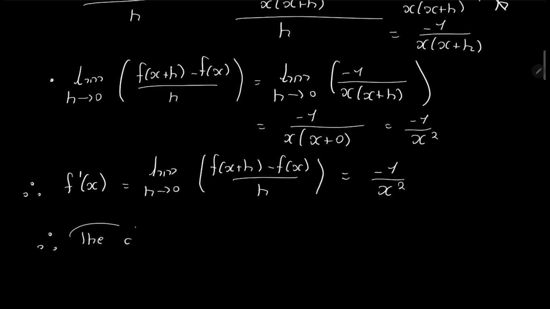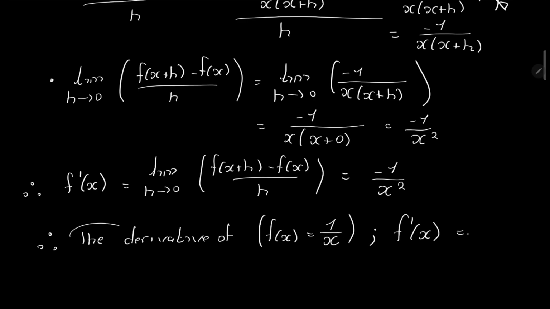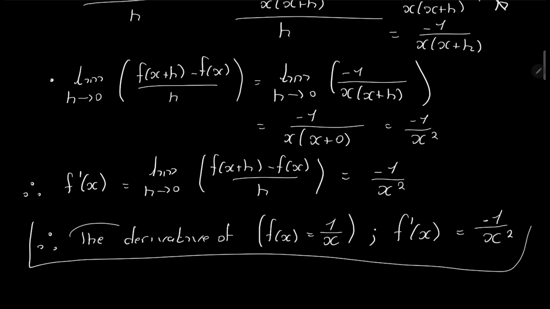The derivative of f of x equal to 1 on x, which is the same thing as f prime of x, is equal to negative 1 on x squared. And our solution is done.